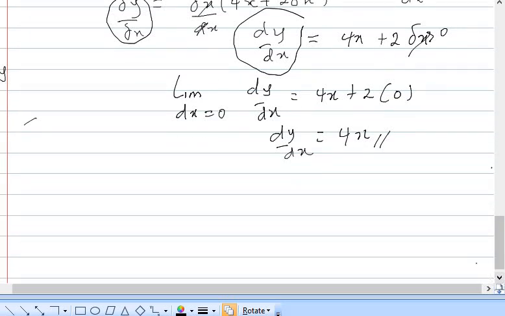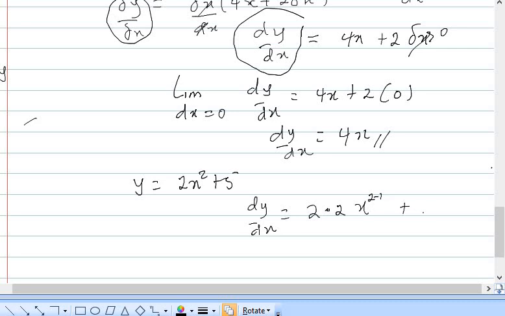If you want to solve it using the ordinary method, the question is given as y is equal to 2x squared plus 5. If you want to just find the derivative using the ordinary method, not first principle, you can simply say dy by dx is equal to 2 times the coefficient, that's 2, then x to the power of 2 minus 1.